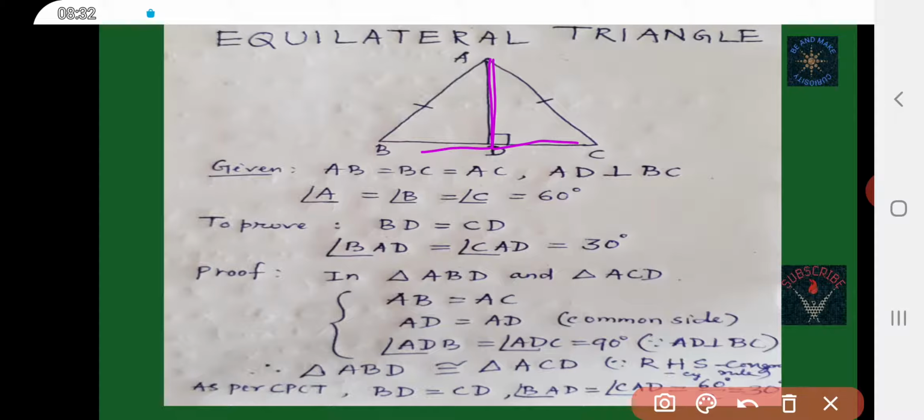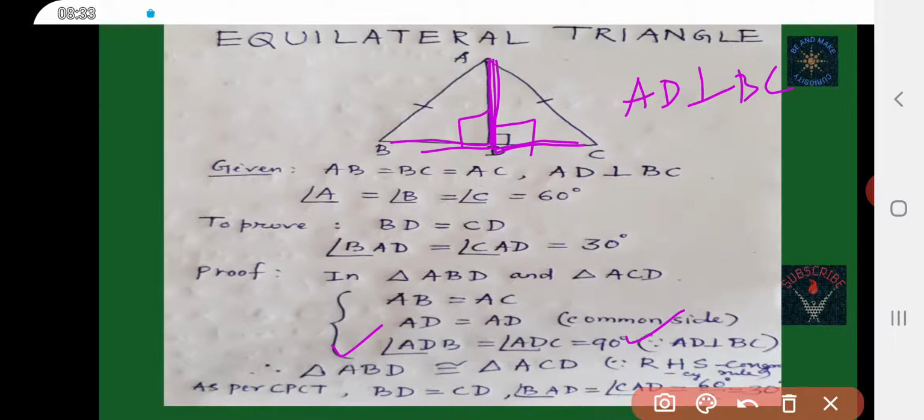Because AD is perpendicular to BC. So angle ADB is equal to angle ADC, they are equal to 90 degree.